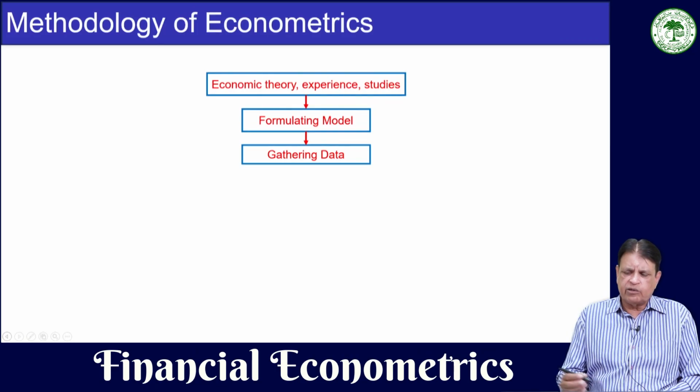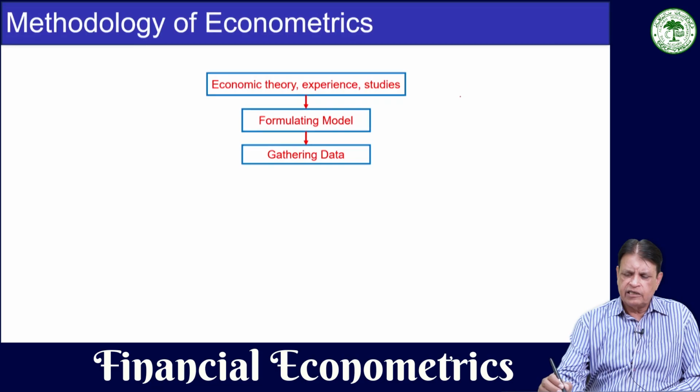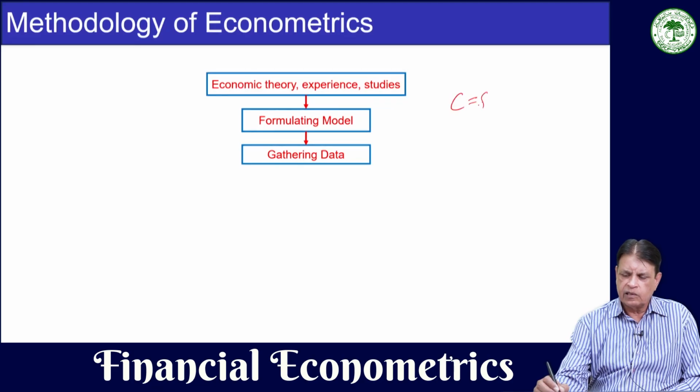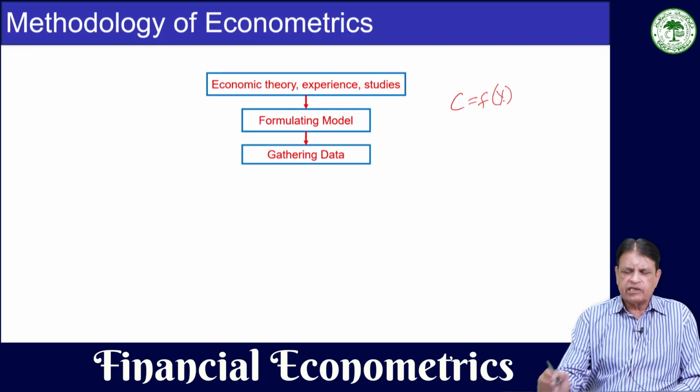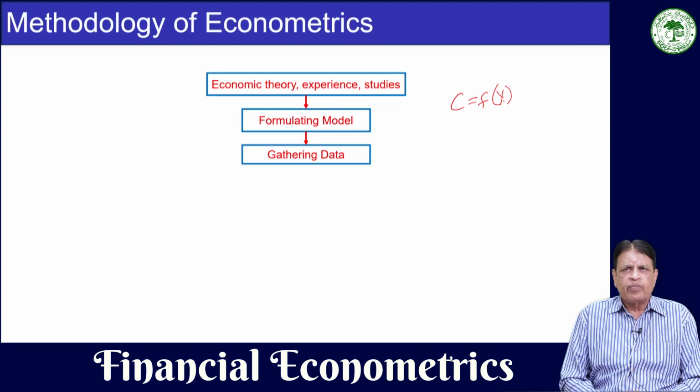So first we find out, suppose we want to study the relationship between income and consumption. An economic theory says that consumption is a function of income. Now this functional relationship we want to study.